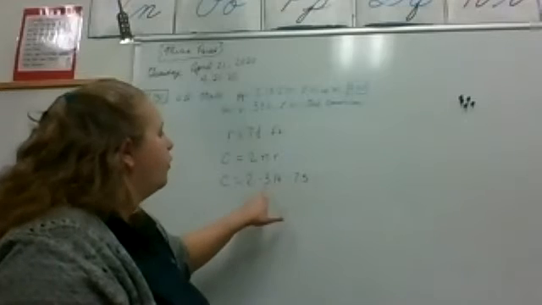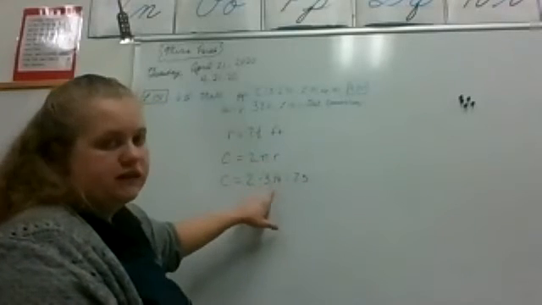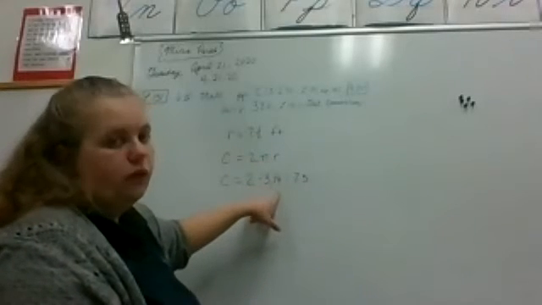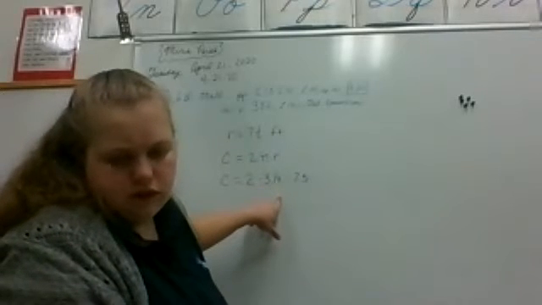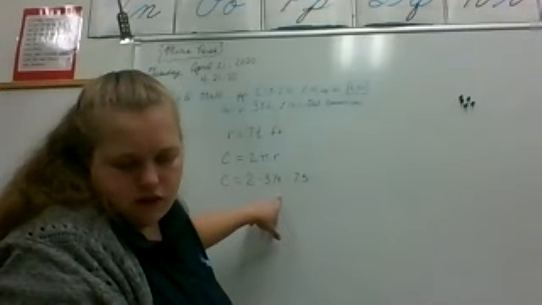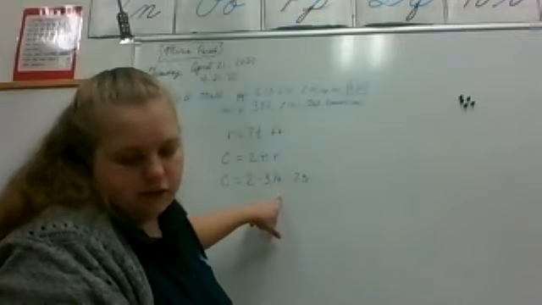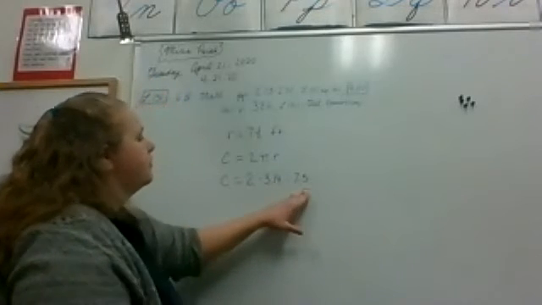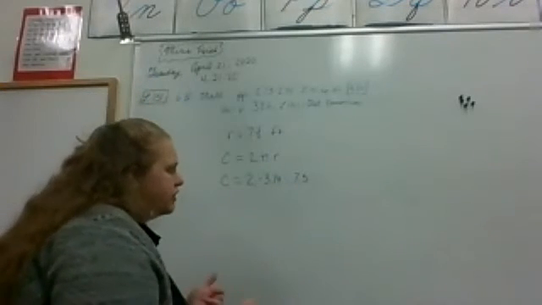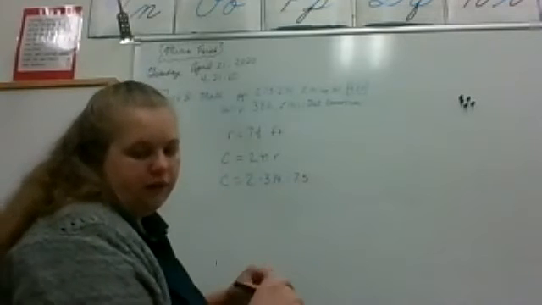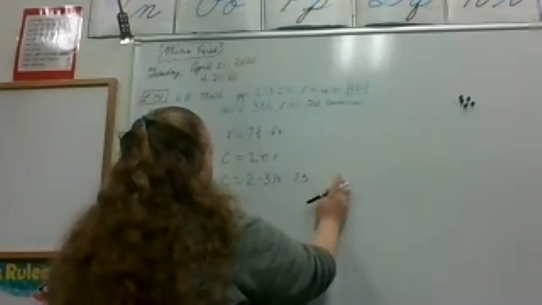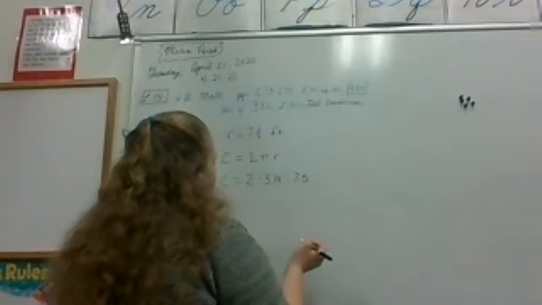It might be easier, or with the fractions, you could have turned this into 3 and 1/7. Yeah, 3 and 1/7. So you could do it either way. I prefer to do it with the decimals, but whichever way you do it, you'll probably come up with the right answer.